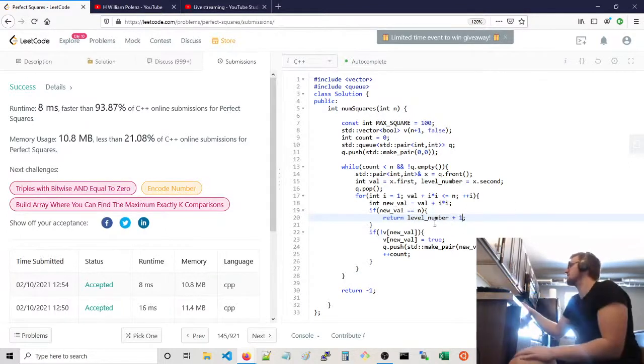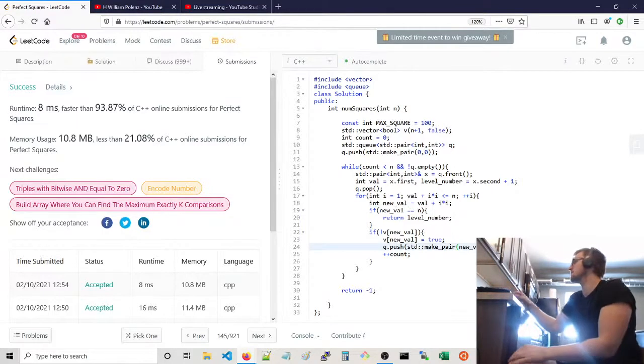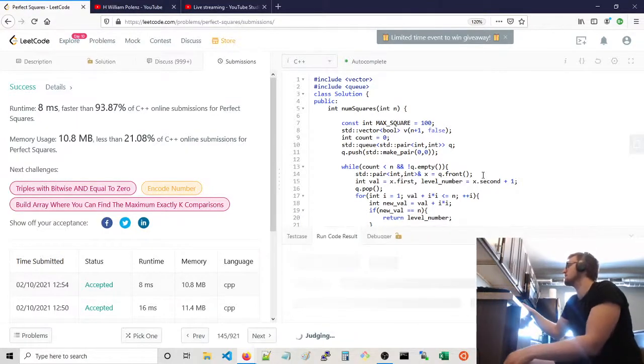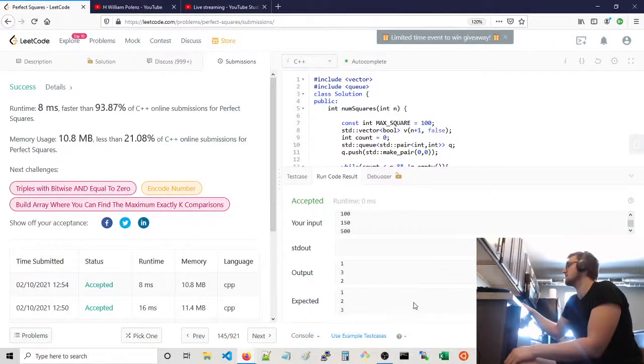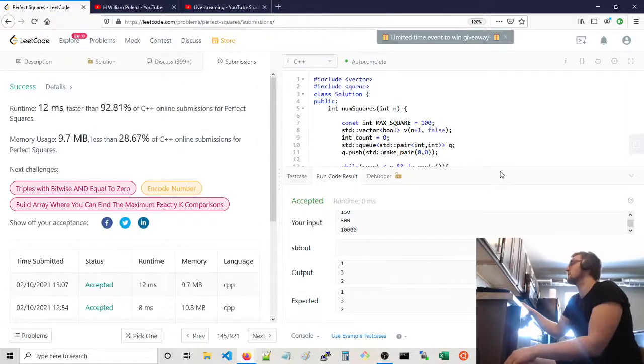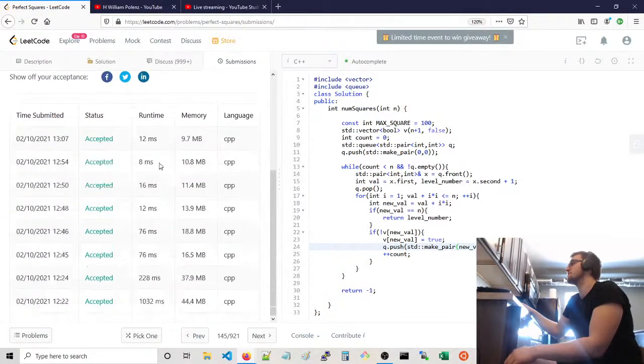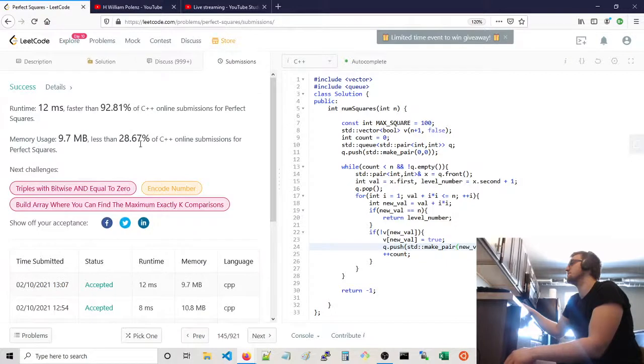It might be because of that. Yeah, there you go. How do we do? Okay. A little better on the memory. Yeah, it was a little bit better. I thought it might be. So, we're doing better on the memory, but not perfect.